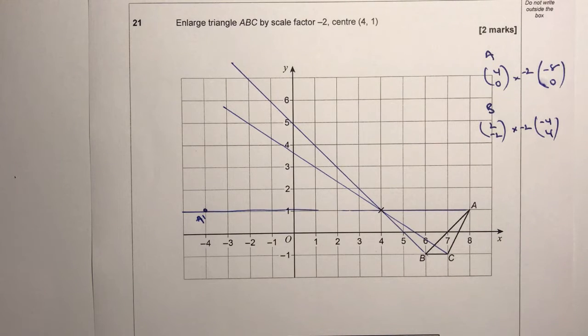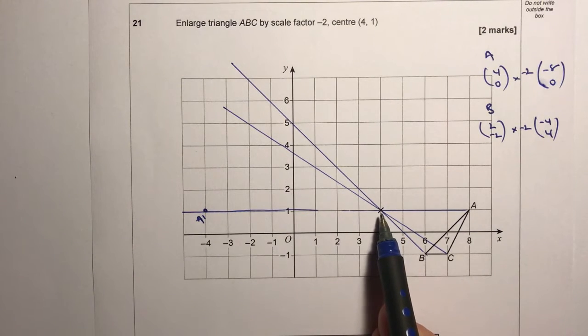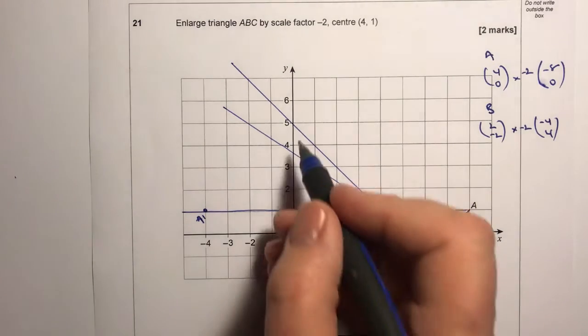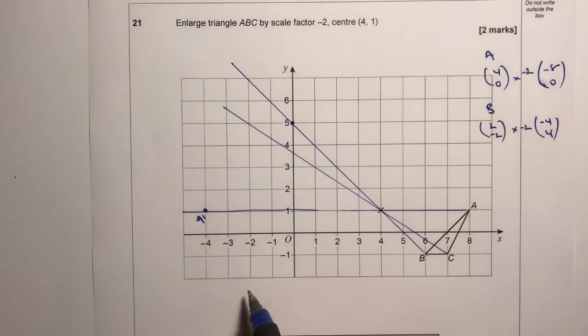So let's see how that works on my diagram. Again, I go back to my center, and this time I go -4 along and up 4, so -4, 4. So what was B is now B prime.